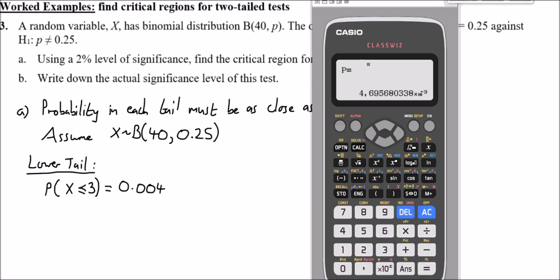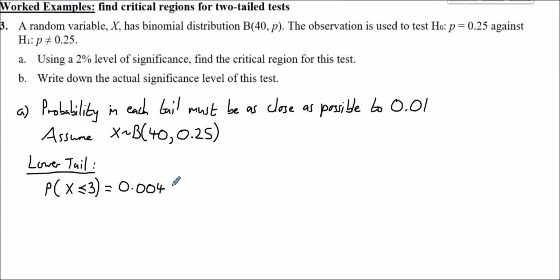Let's give it to 4 significant figures, because that eliminates any chance of rounding error. So that's going to be 0.004696.